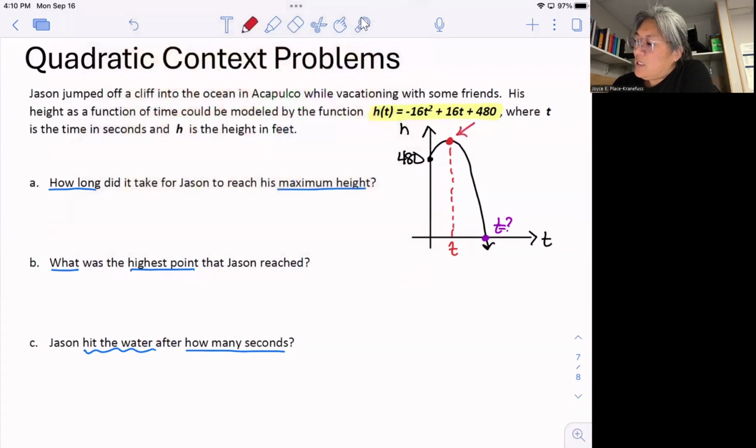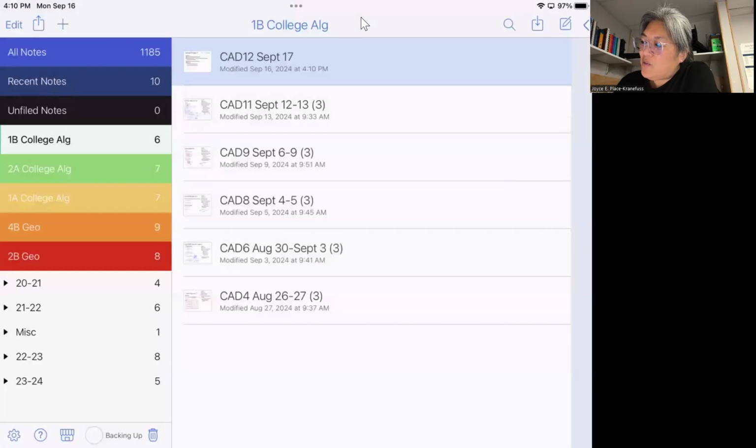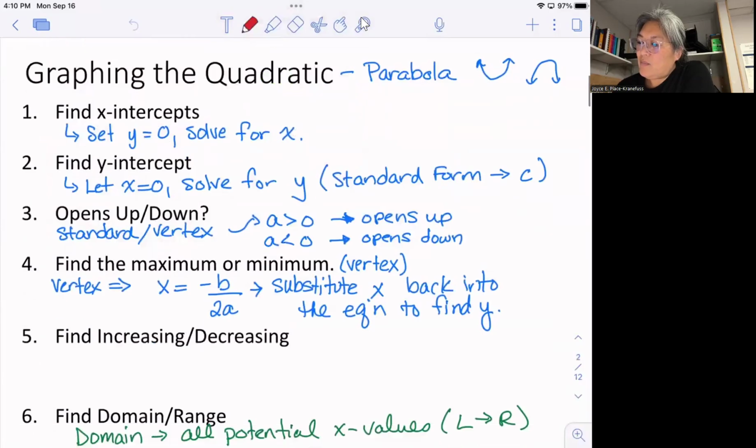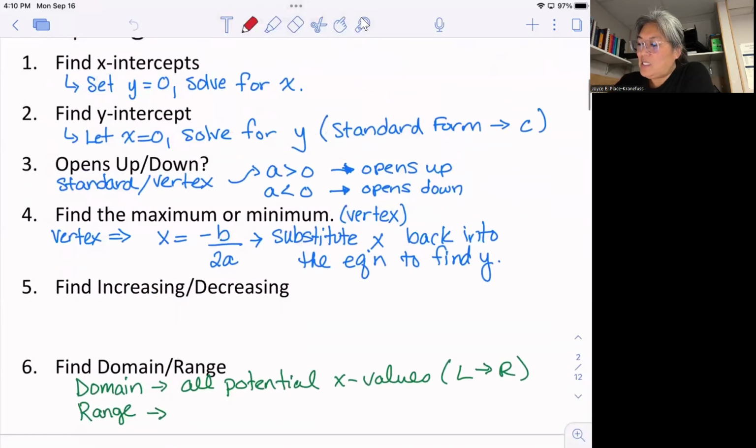This point is also known as the vertex. So to find that, we're going to do negative b over 2a. This is where we were last class, folks, with the graphing. To find the vertex, we're going to substitute negative b over 2a.